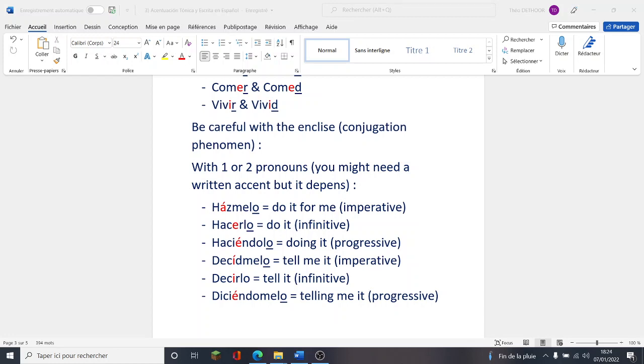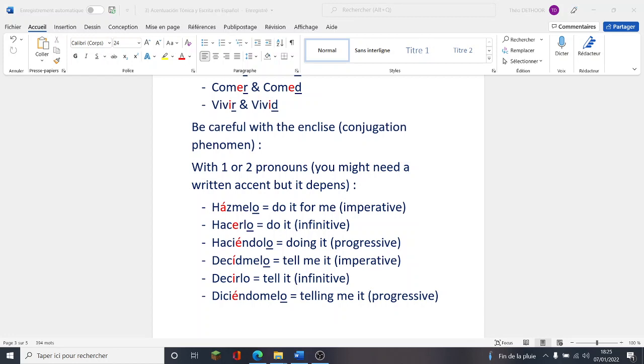You have a written accent because the letter which is stressed is the A, and the word is ending in O, so obviously it would be the E that should be accentuated, but in this case it's the A, so you need to put an accent above the A in order to force the stress on this A. Second example, hacerlo: it's the E that is accentuated, so you don't need any written accent, and it's the infinitive form of do it.